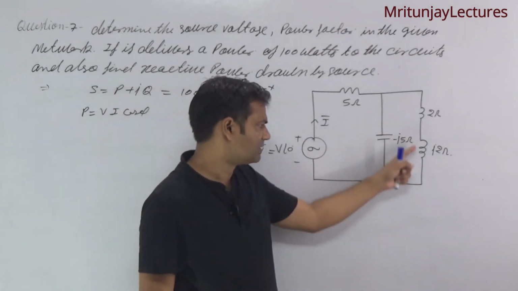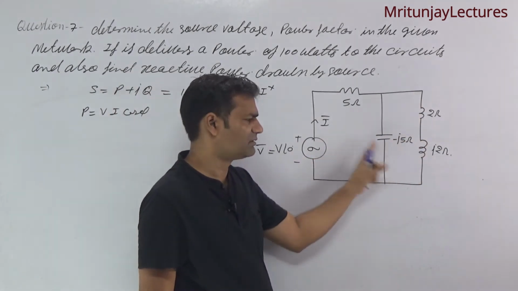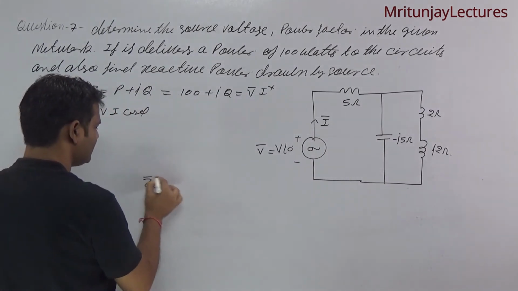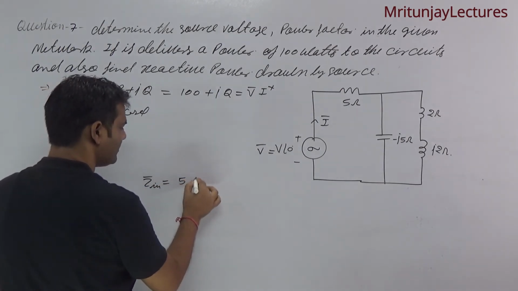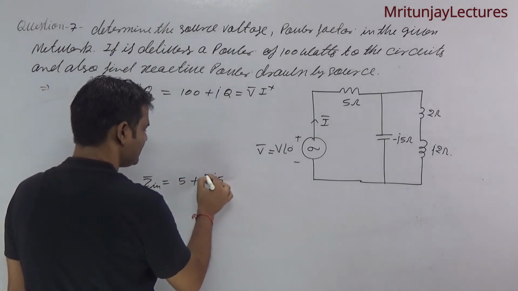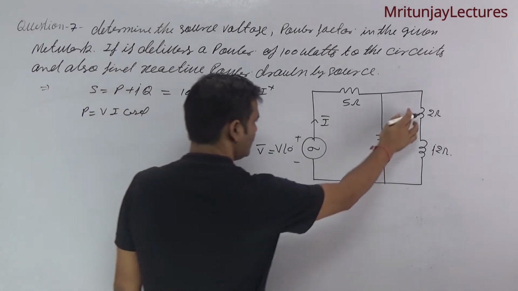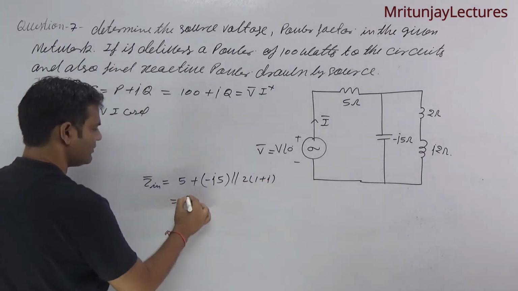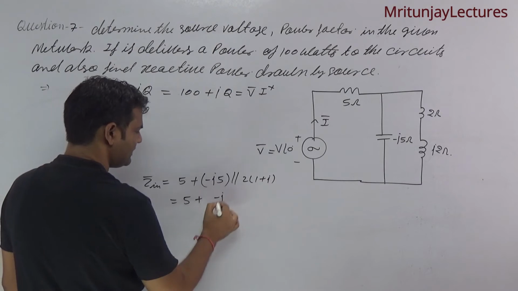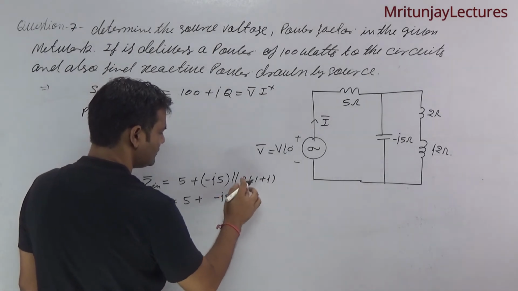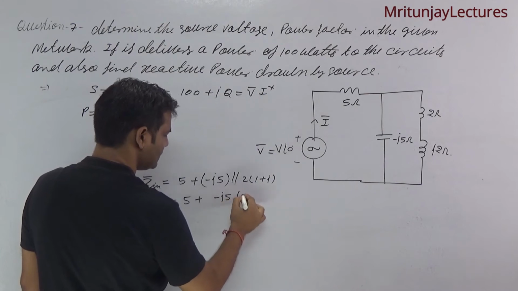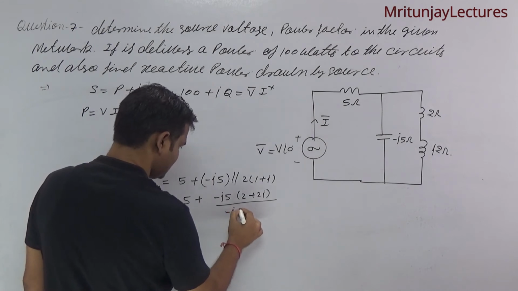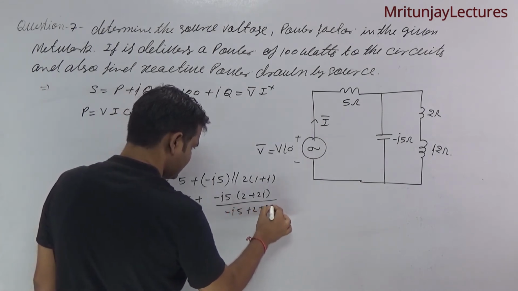This combination in series with this one is parallel. So what about Z in? Z in is 5 ohm plus minus J 5 parallel to 2 plus 2, that is 2 common 1 plus J. Very simple. Now 5 plus minus J 5 into 2 plus 2J, divided by minus 5 plus 2 plus 2J.